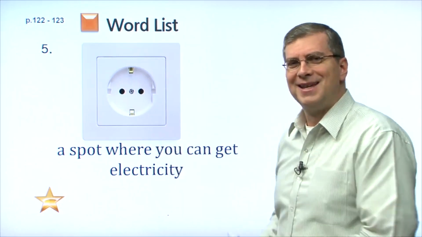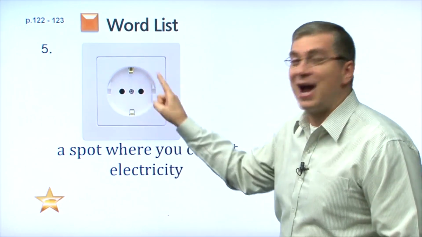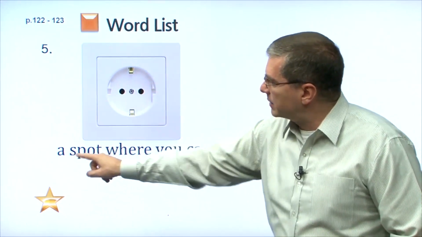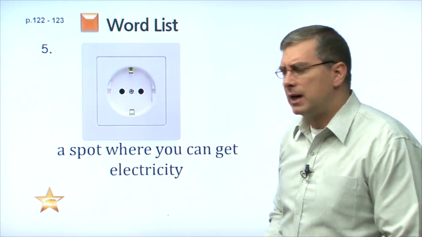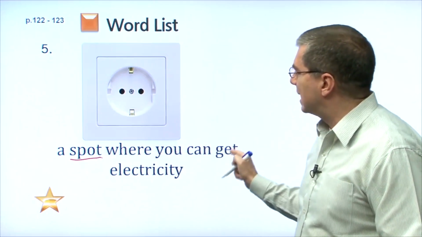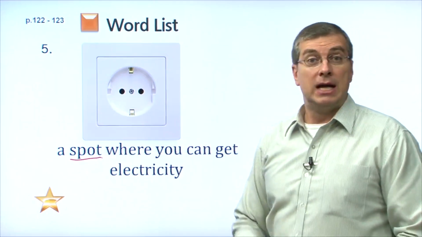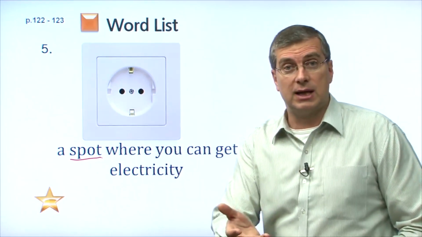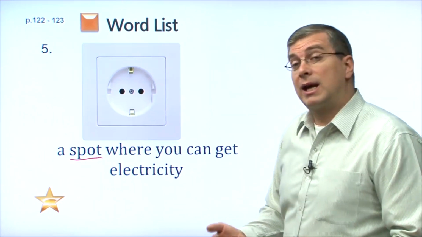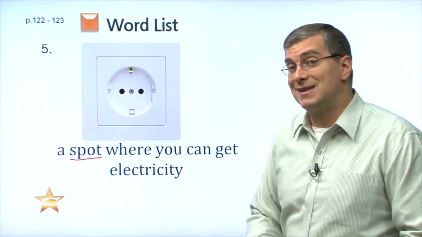Let's study, okay? But what is this? What is this? We can describe it as a spot, a place, right? A spot where you can get electricity. So you want electricity for your computer, for your smartphone. Where can you get it if your battery is dead?